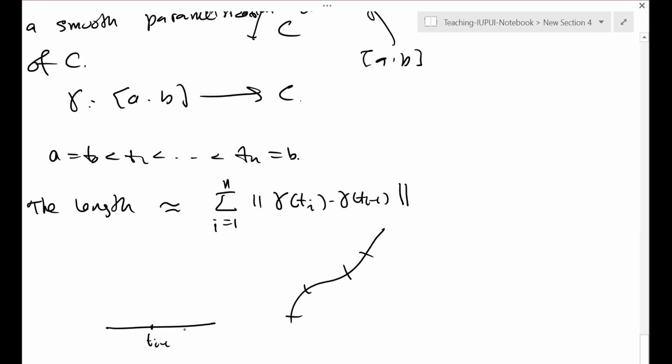Here's t_{i-1}, t_i, and this will be gamma(t_{i-1}). So draw the line, right?